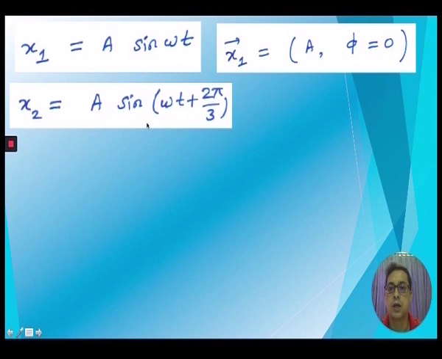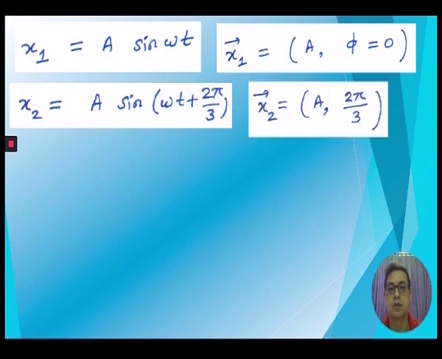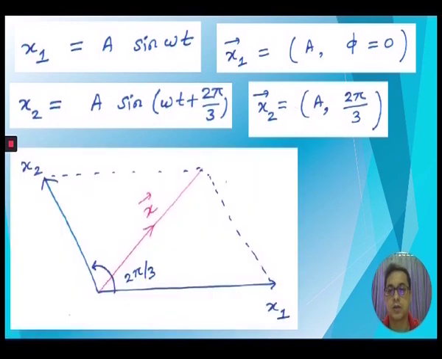For x2, the phase angle is 2 pi by 3, so it is represented by the amplitude A and phi equal to 2 pi by 3. These two I can plot in a vectorial diagram, and this is what I have. Because x1 is directed along this direction and x2 along this direction, there will be a resultant of these two, and that is x, shown by this red line.